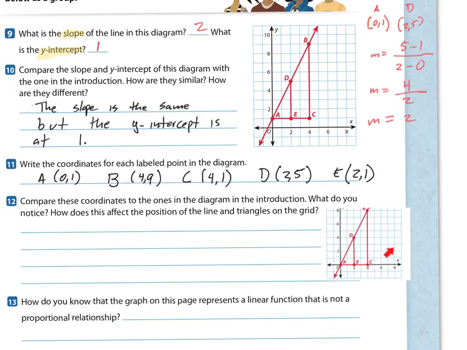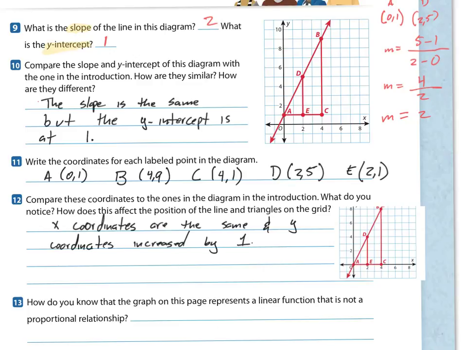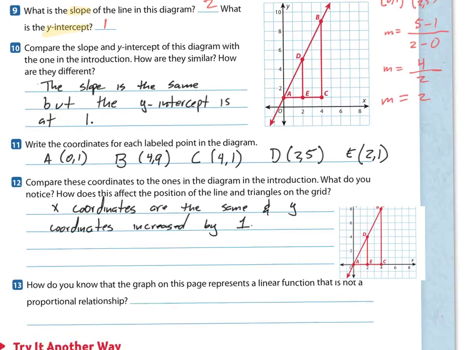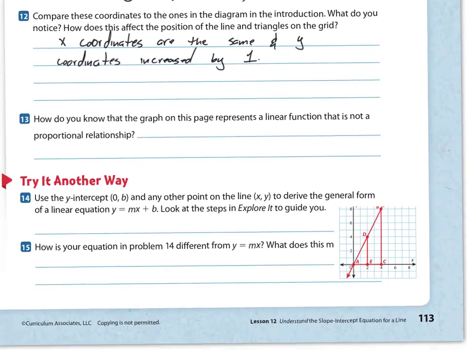So you can see that the x coordinates stay the same because you have 0, 0, 2, 2, 4, 4, but your y coordinates went up 1. So that's why you're going to be writing that the x coordinates are the same, but the y coordinates went up by 1. And now, let's pay attention to question number 13.